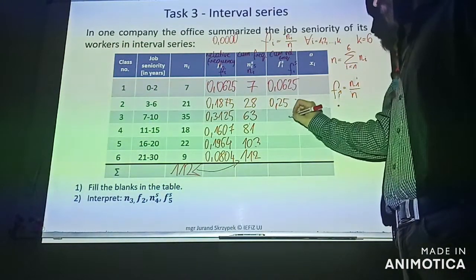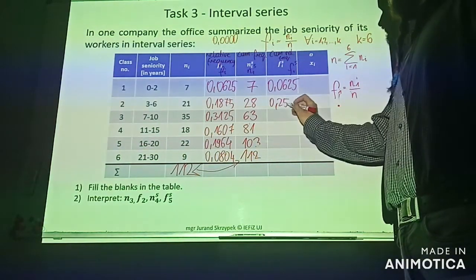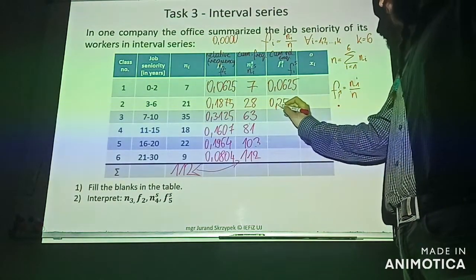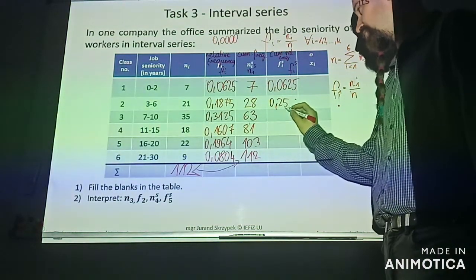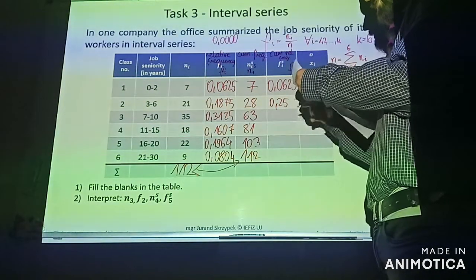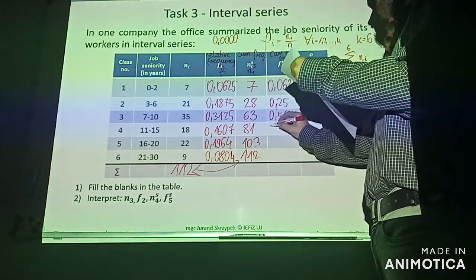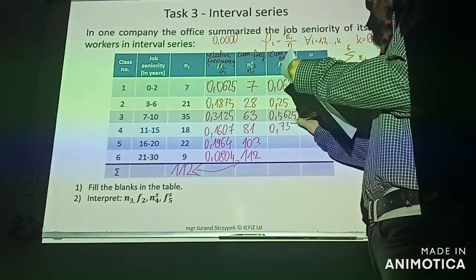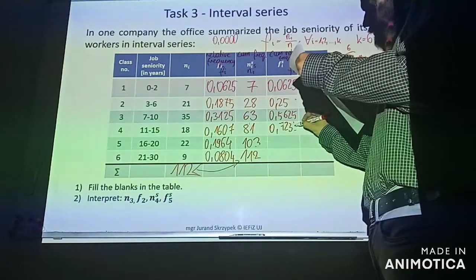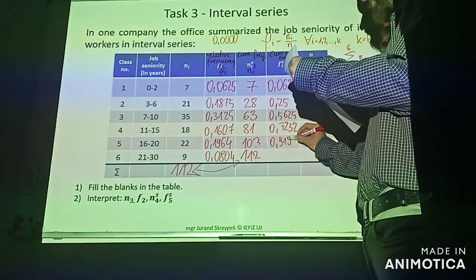Okay, let's go to the next interval. In the next interval we add 0.25 plus 0.3125, and the result is 0.5625, and so on, 0.723, to 0.9196.